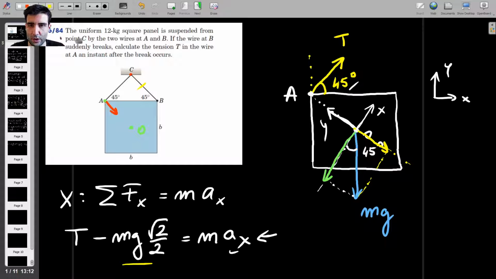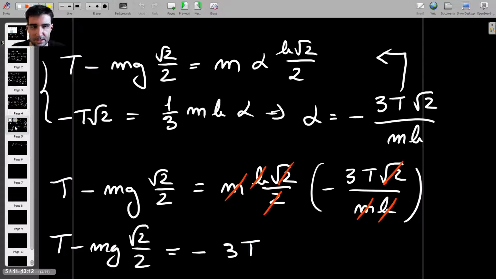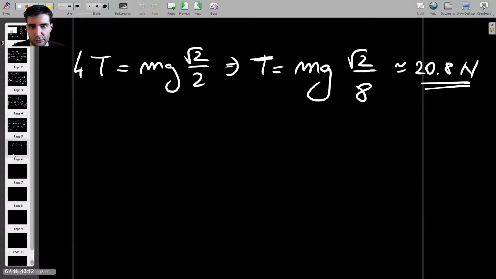And when we used that, we were then able to find something which connected the acceleration of the center of mass and the angular acceleration of the square. And after a couple of substitutions, so from this point onwards is just pure maths, we were able to get the fact that the tension has this expression, which turns out to be something like this. And that's the end of the question.